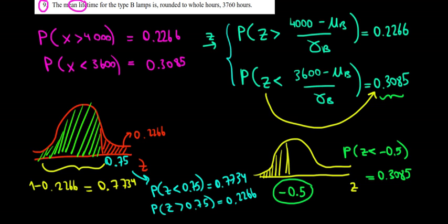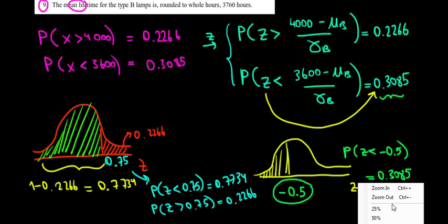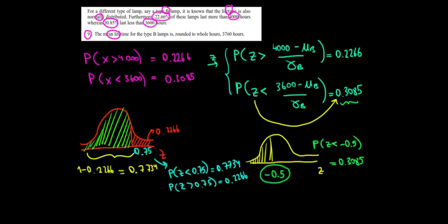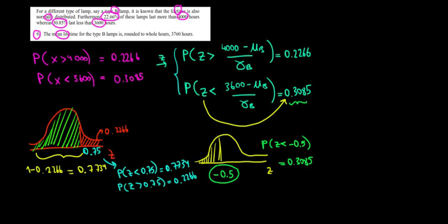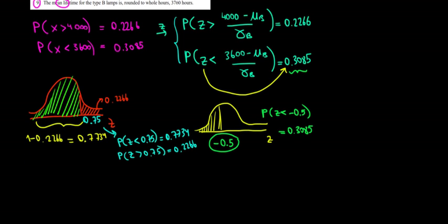So let's write this here below. Let me zoom out to make some more space, and we're going to solve it right now. We have the relationship that 4,000 minus the mean of the lifetime divided by the standard deviation is equal to a z value of 0.75.